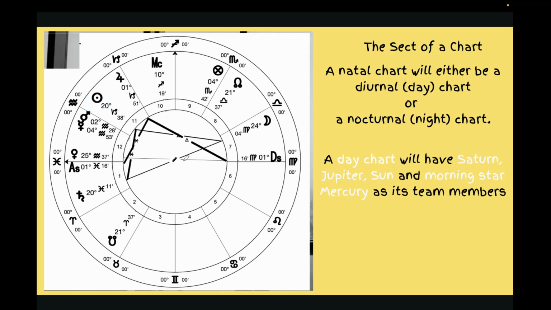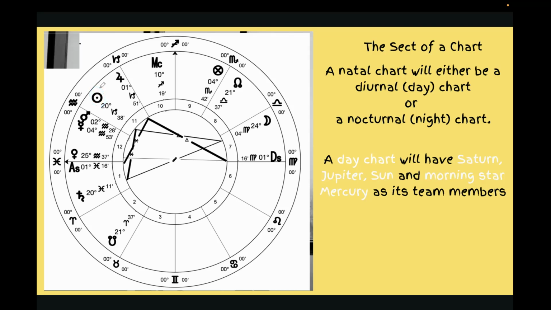Once you determine if it's a day chart or a night chart, then you have established your sect luminary leader. For day charts, it's the sun. For a night chart, it's the moon. But this is a day chart, so the sun is the sect leader. Now, think of the sun as the captain of a team.